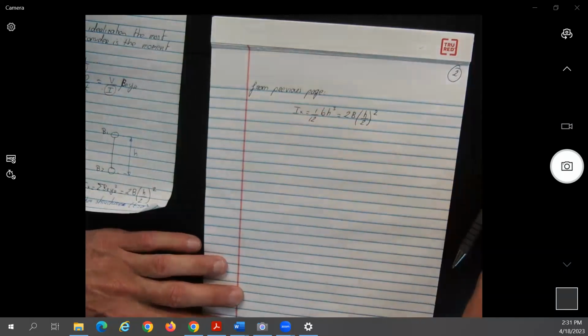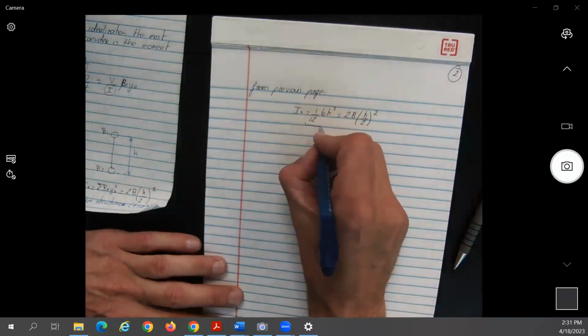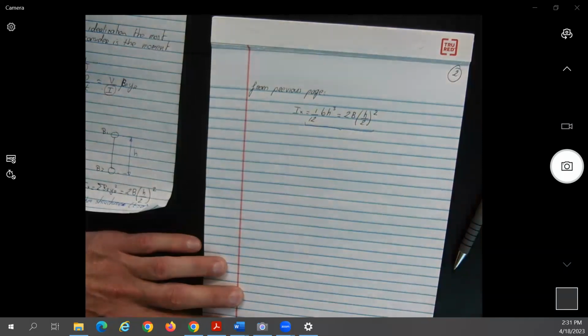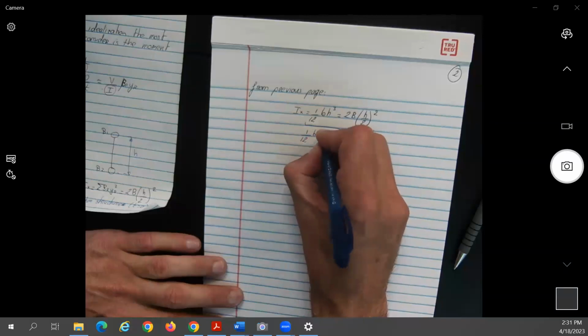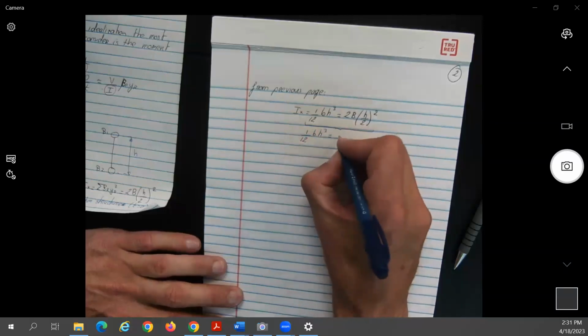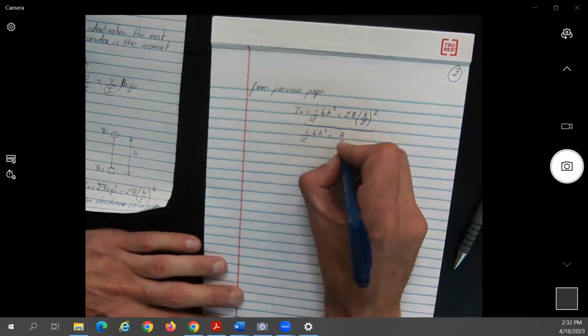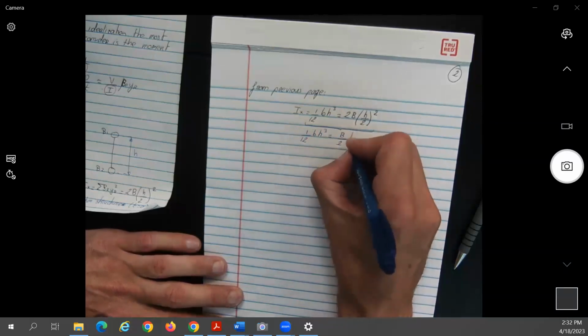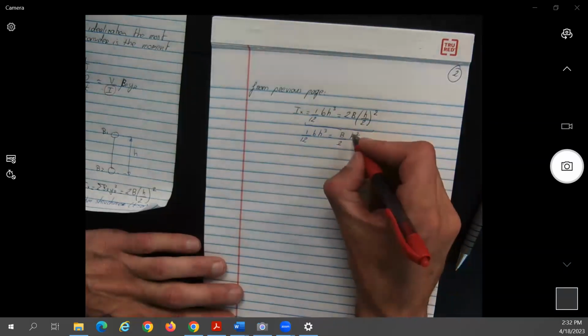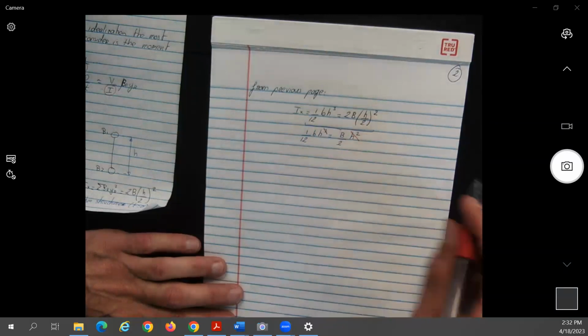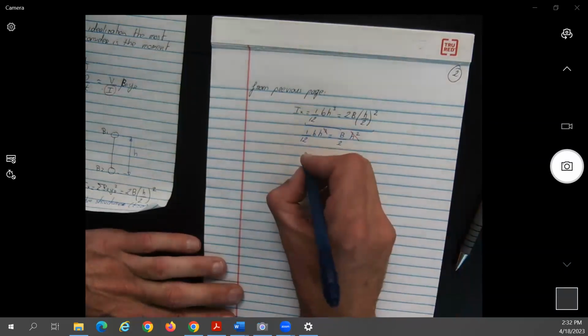Okay, so if we just look at these two terms over here now, let me do some basic math. 1/12 b h cubed will be equal to B with 2 h squared over 4. So you can see that you can cancel this h here with these two over here.